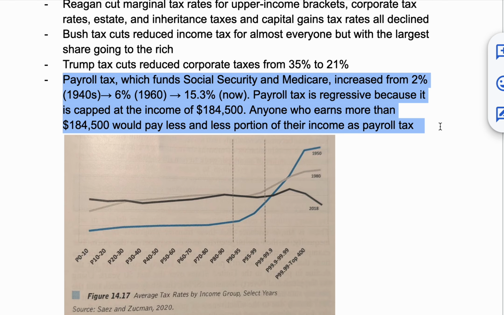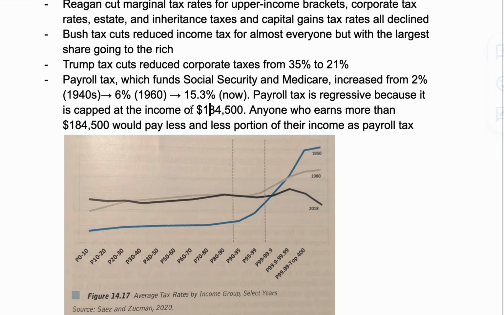The reason why it's regressive is that it is capped at an income of $184,500. So anyone who earns more than this, the additional income that you get after $184,500 would not be taxed.